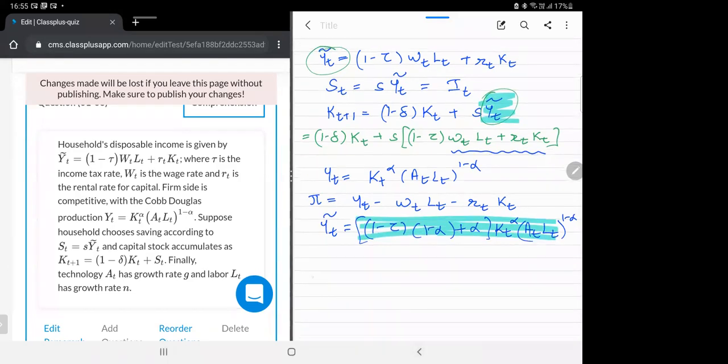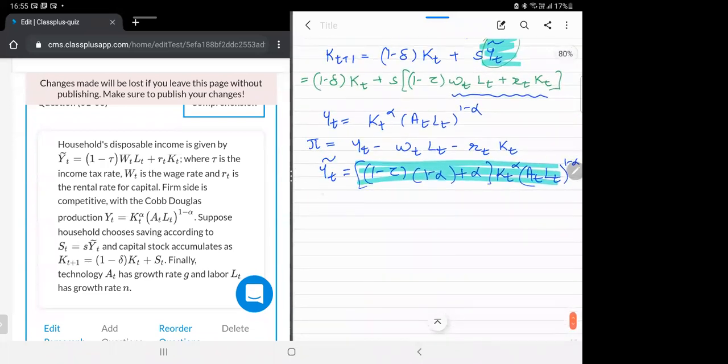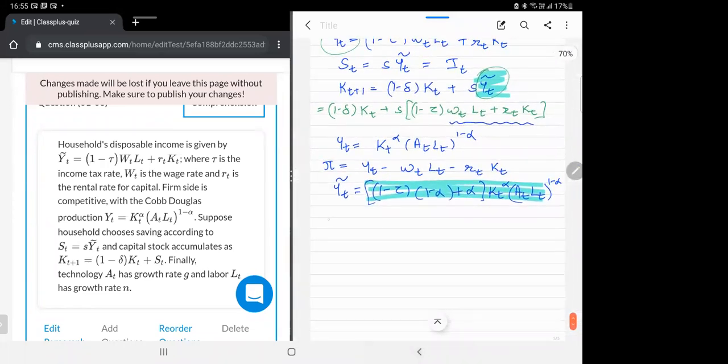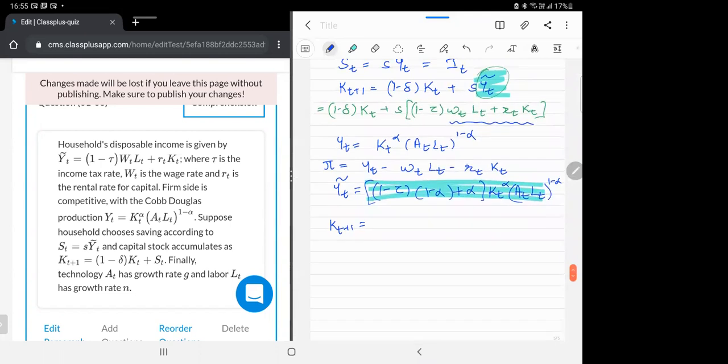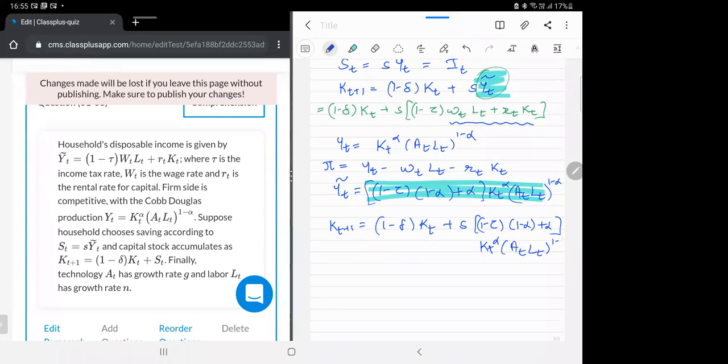That will give me K_{t+1} = (1 − δ)K_t + s(1 − τ)(1 − α + α) K_t^α (A_t L_t)^(1−α). This will come from part 3. If you have done part 3, then this should be here.